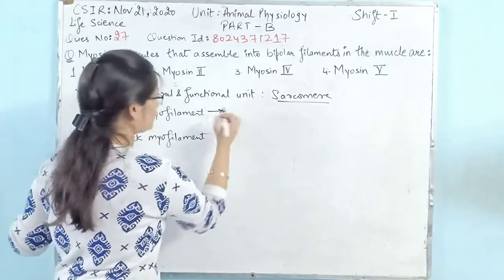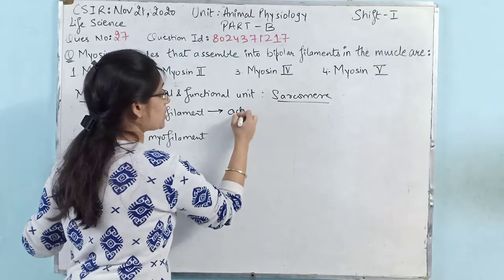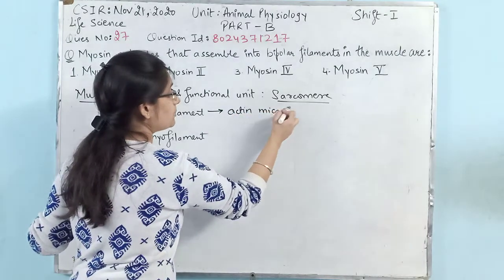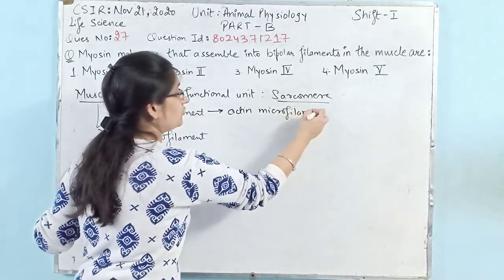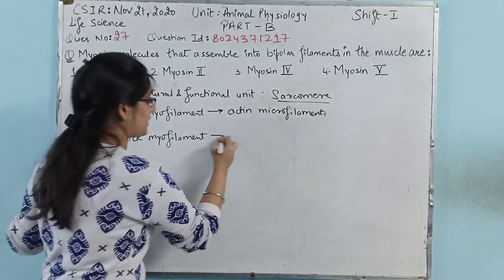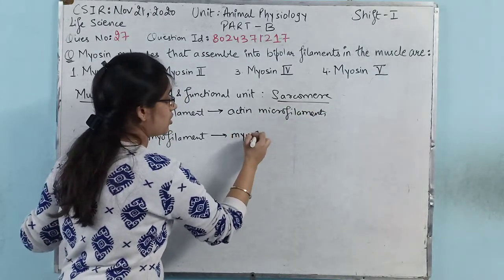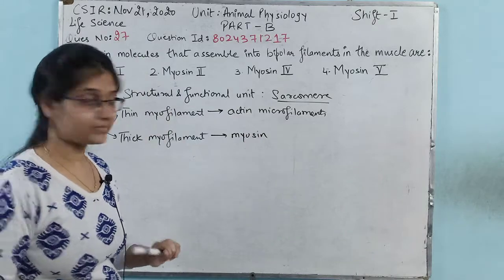The thin myofilaments comprise actin microfilaments, while the thick myofilaments comprise the myosin protein.